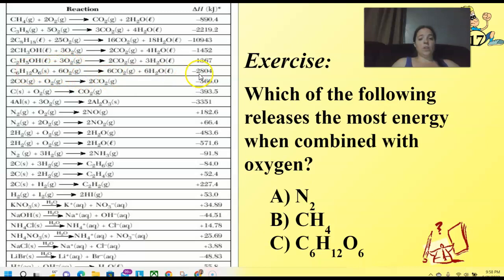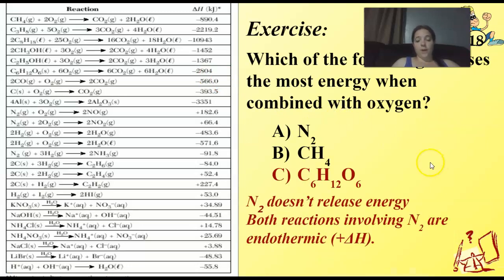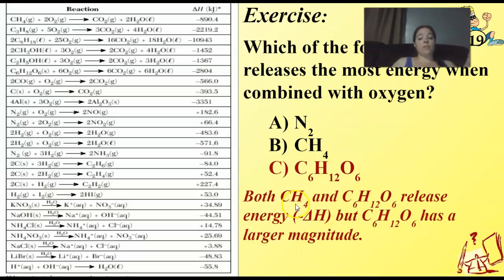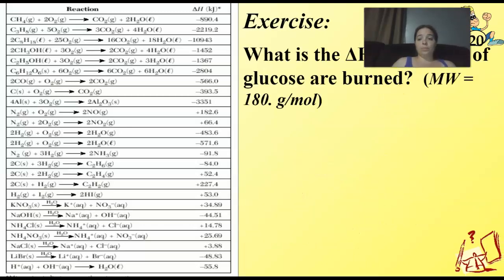It makes negative 2,804. That's going to be your winner. N2 doesn't release energy, it absorbs it. Both reactions involving N2 are endothermic or positive. So those don't work, but both CH4 and sugar release energy, but glucose has a larger magnitude.